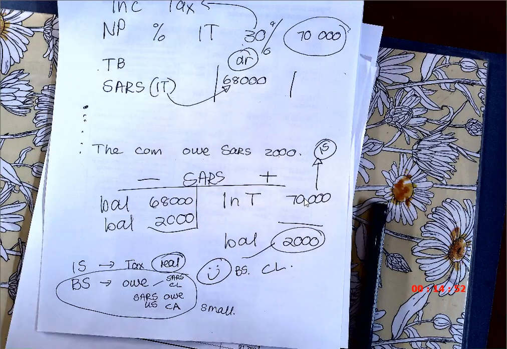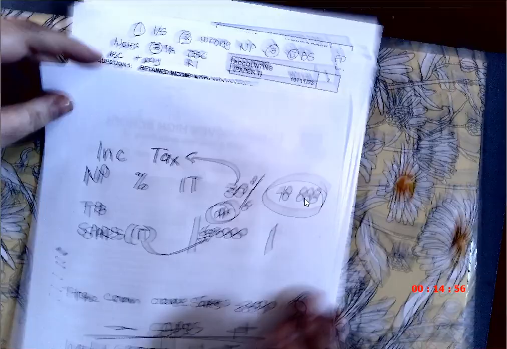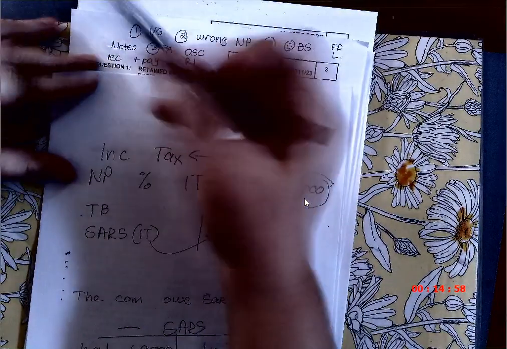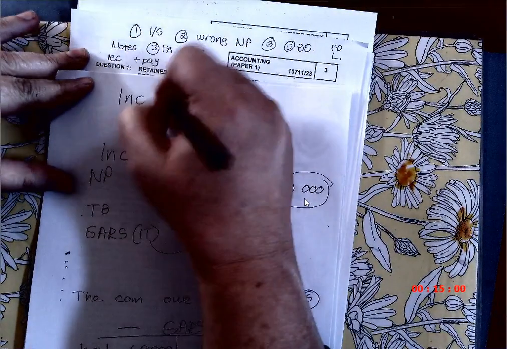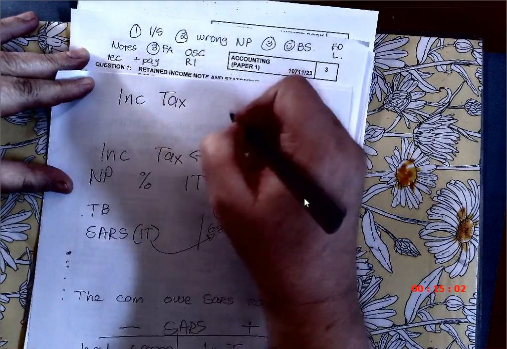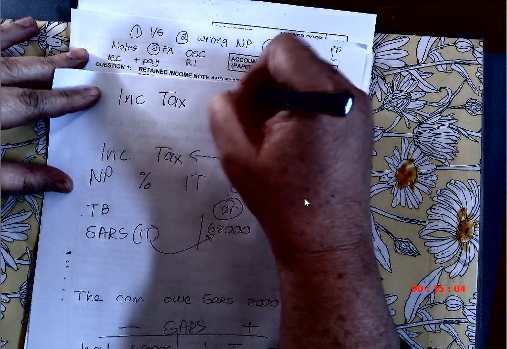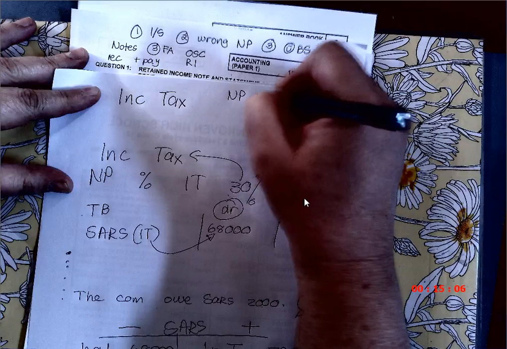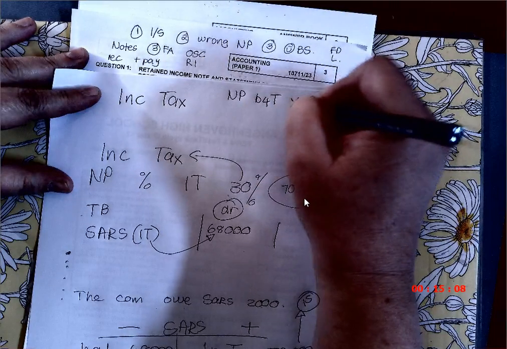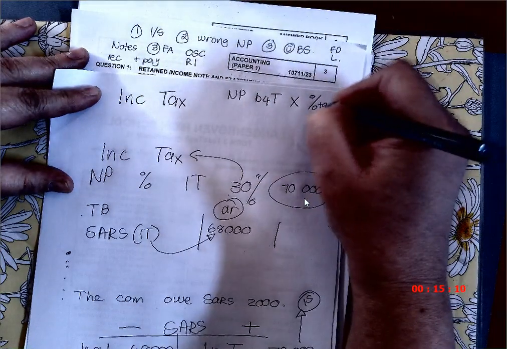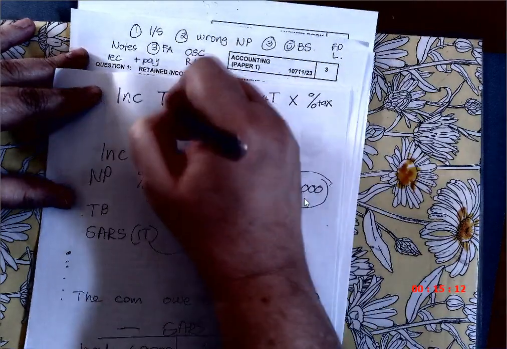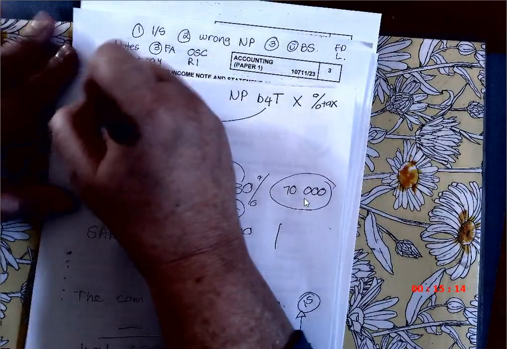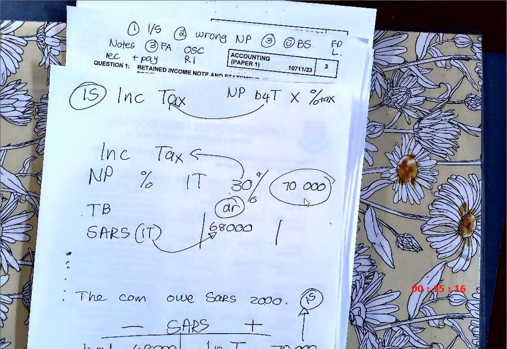They can either give you, there's different things. So, in the end, your income tax is the net profit before tax times the percentage tax. And that one goes to the income statement. Right. So they can give it different ways.